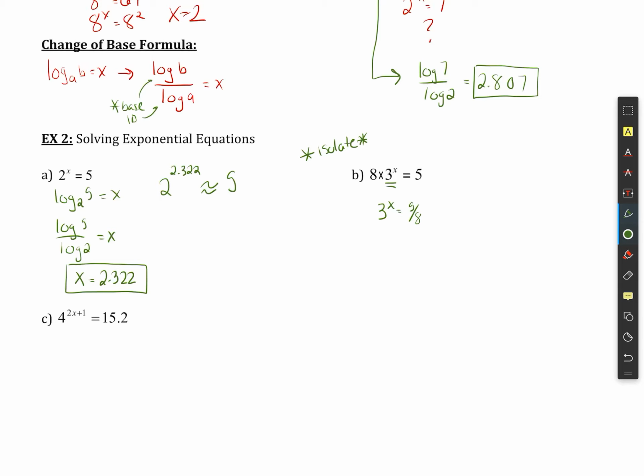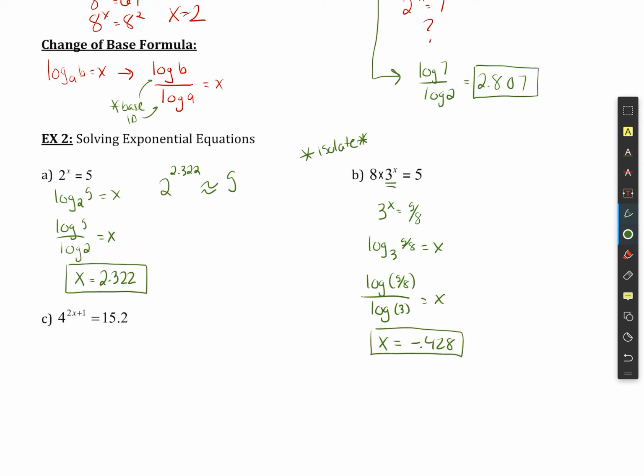We don't know what power 3 can be raised to get 5/8, so we can convert to log form. Log base 3 of 5/8 equals x. Log of 5/8 divided by log 3 equals x. X equals negative 0.428. There's our final answer.